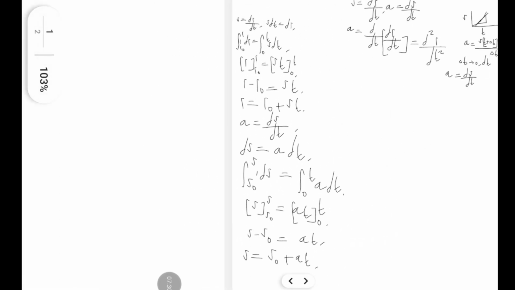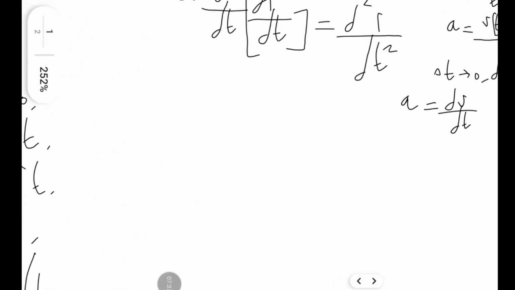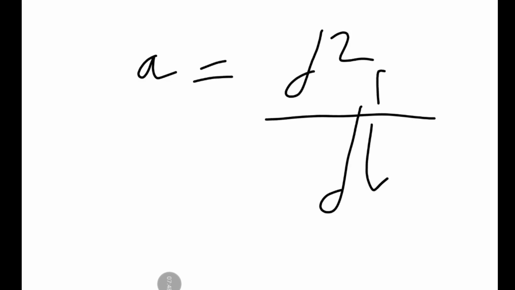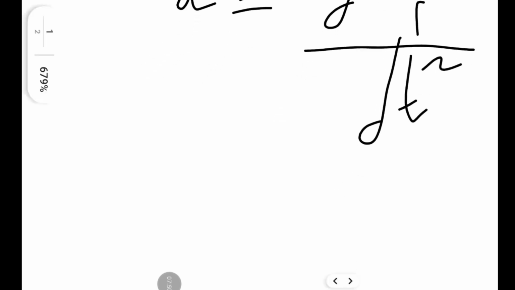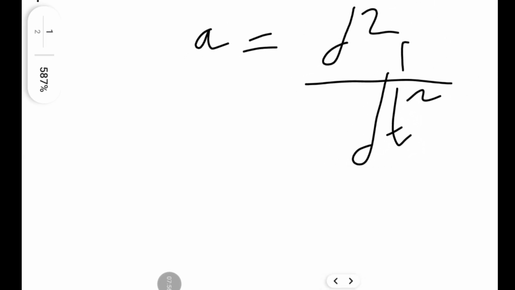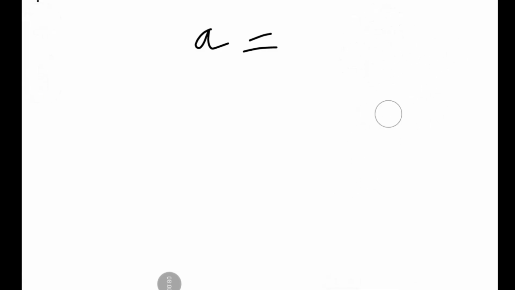If we then want to look at another one, we'll zoom in there. Now for the next equation, what we have is acceleration equal to, remember, d squared r by dt squared. What we need to do with this is we'll start again with the dv by dt first, just to do the first integral.